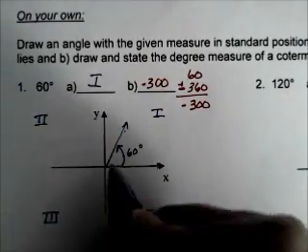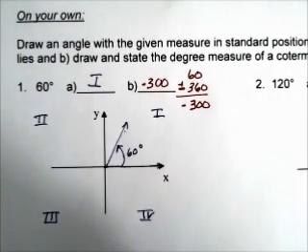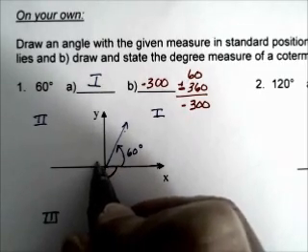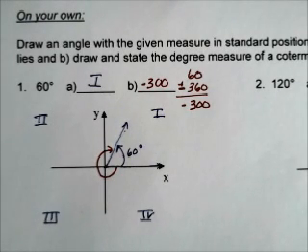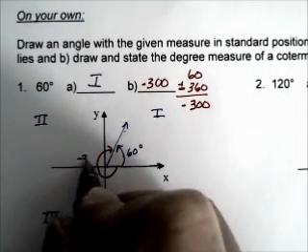We want to draw and state the degree measure. So negative 300, that would be a clockwise rotation of 300 degrees. That's the 270 plus the 30 more would put us right there, coinciding with our original angle, terminal side of 60 degrees, negative 300.